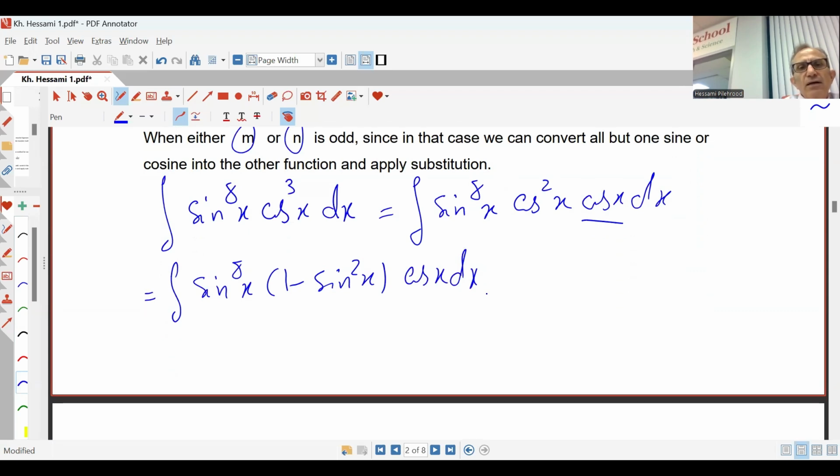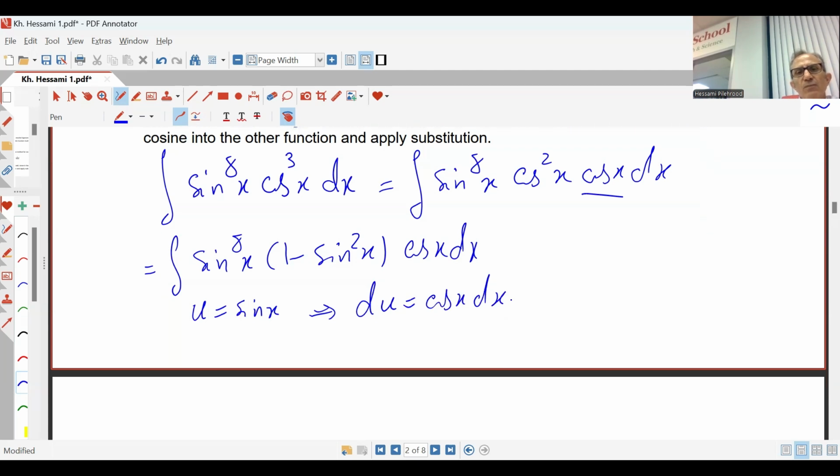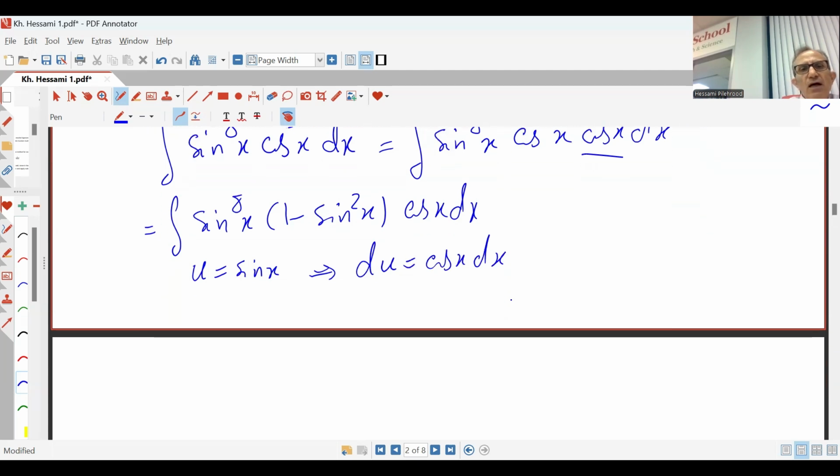Now we take sine x as u. From here, we will have du equal to cosine x dx. Now our integral becomes the integral of u to the power of 8 times 1 minus u squared du.